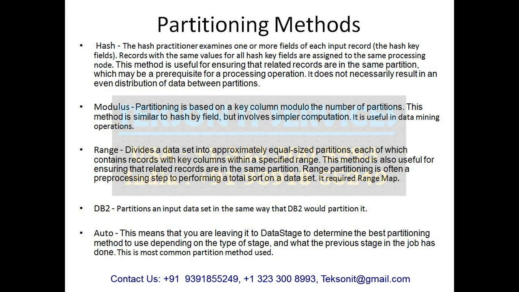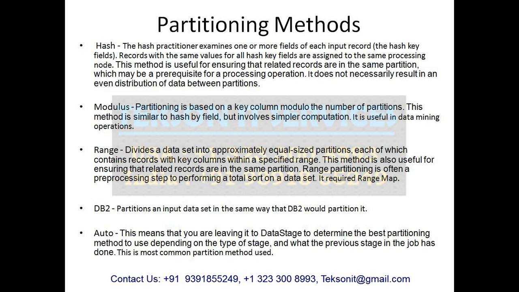Like I said, you know entire partitioning. So for join or change capture, you should use hash partitioning. Now why should we use hash partitioning? You know about inbuilt sort, right? In the stage input tab. So using inbuilt sort, we need to define a partitioning.